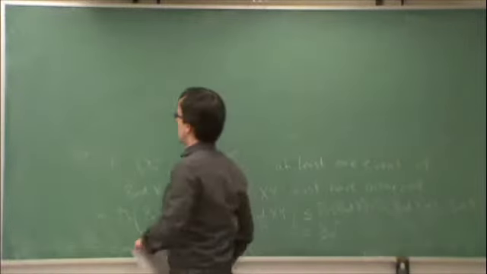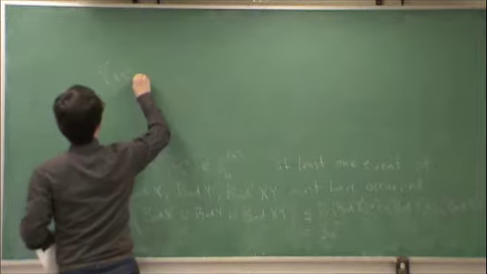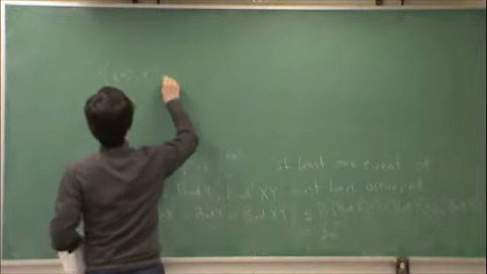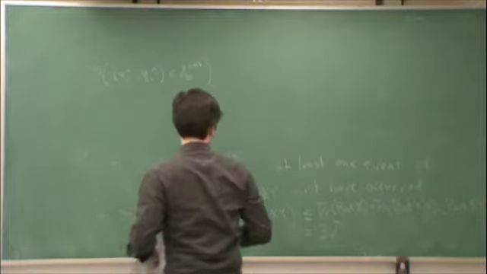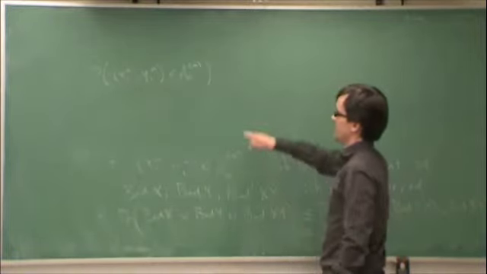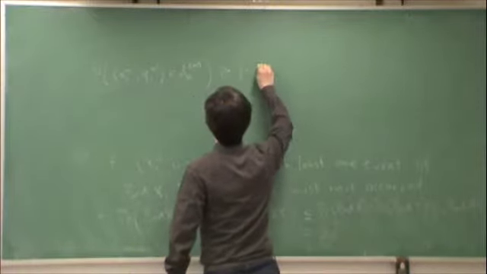Therefore, the probability of being in the typical set, if that's less than or equal to 3 delta, the probability of being in the typical set is greater than or equal to 1 minus 3 delta.